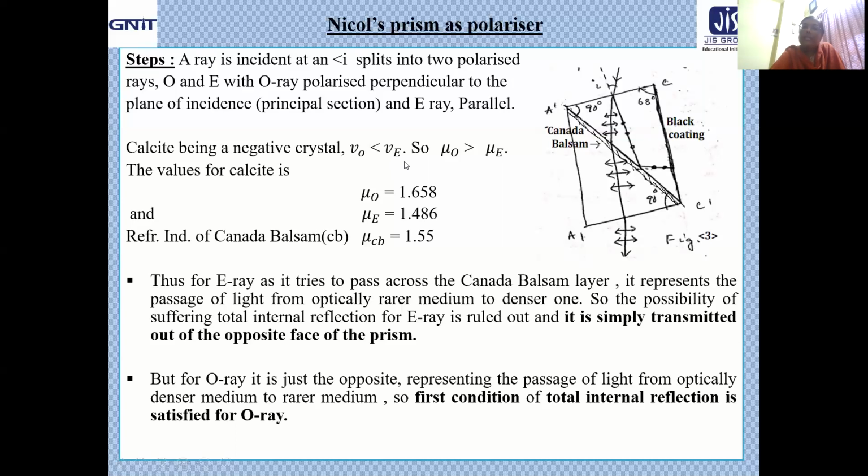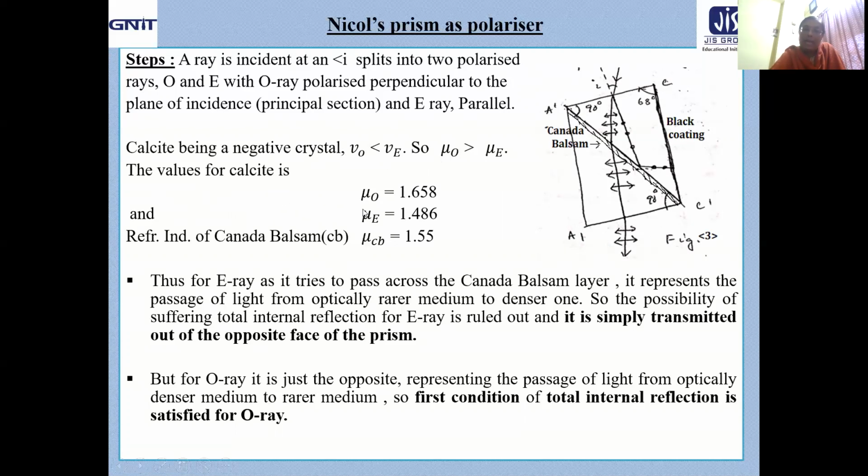That means the refractive index of calcite for O ray is greater than the refractive index of calcite for E ray. For refractive indices it will be just the reverse, because the refractive index and velocity relation is mu equal to c by v.